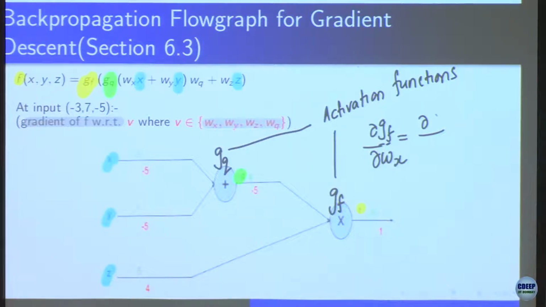So let's say partial derivative of gf with respect to gq, and then into partial derivative of gq with respect to wx. In the case of z, I may not need gq at all. The dependence on z is actually more direct, but I'll have to do this at least for wx and wy.